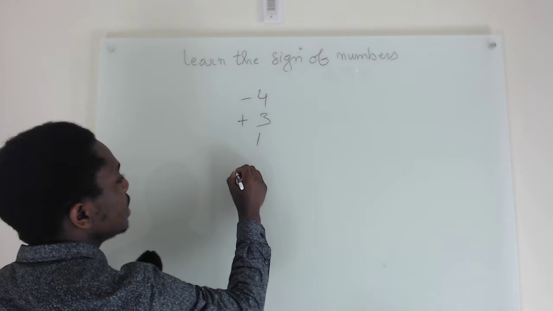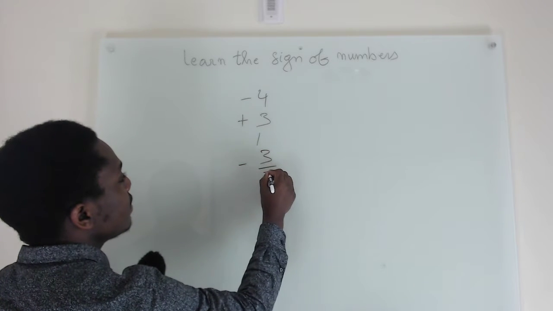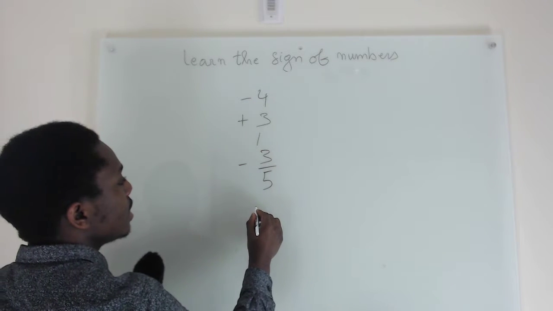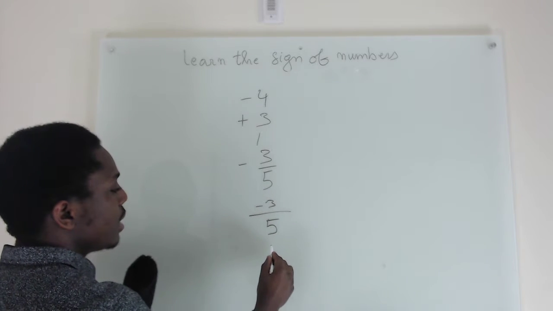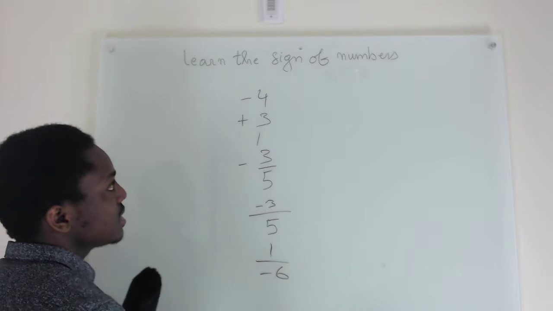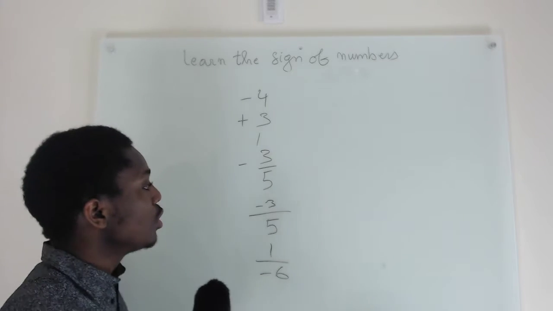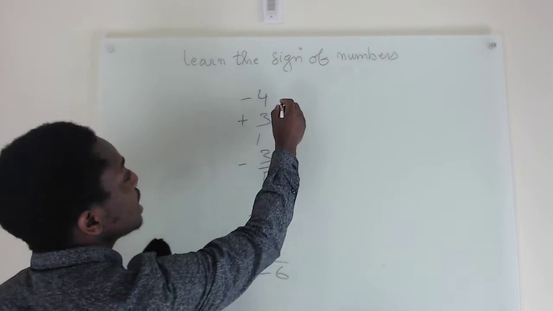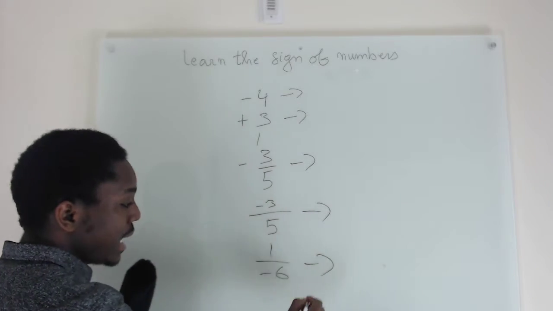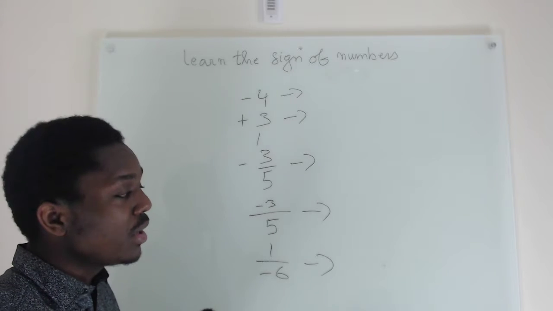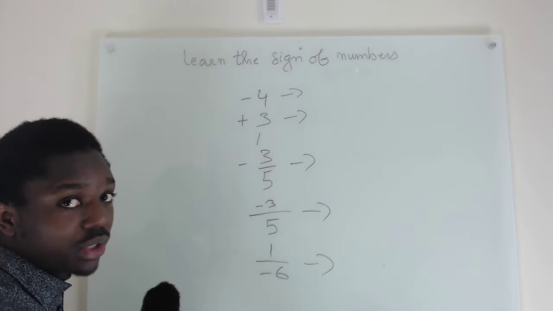So we have negative 4 plus 3, 1, negative 3 over 5, negative 3 divided by 5, and 1 over negative 6. What I'm asking you is to pause the video and do these on your own.